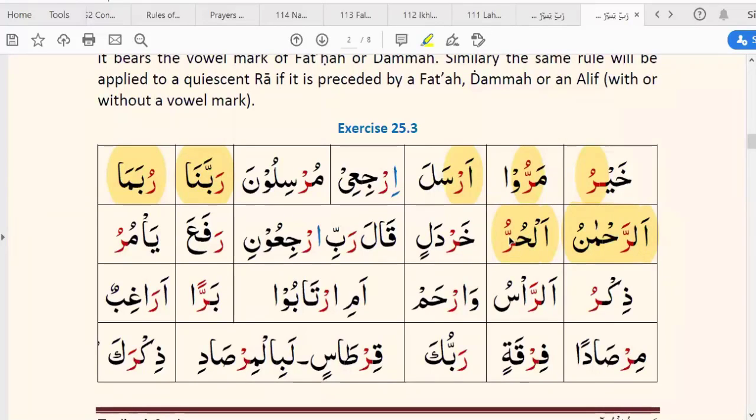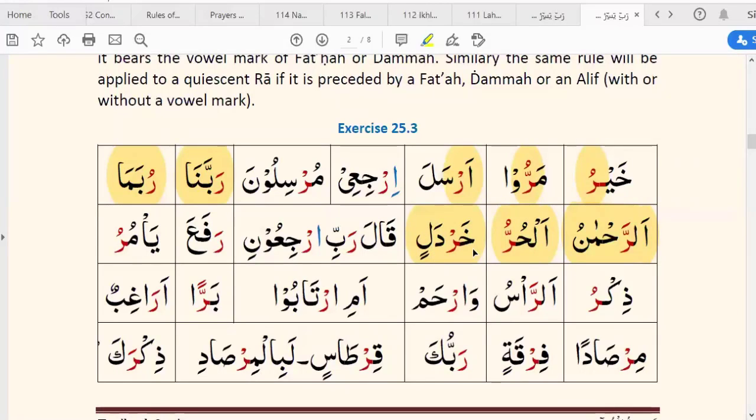Over here we have letter Ra mushaddad, but before that there's a dhamma stroke, so again keeping the sound thick. Al-Hurru. Well done. Over here we have letter Kha, which is itself a thick letter, followed by Ra sakin, but there is a fatha stroke before that.